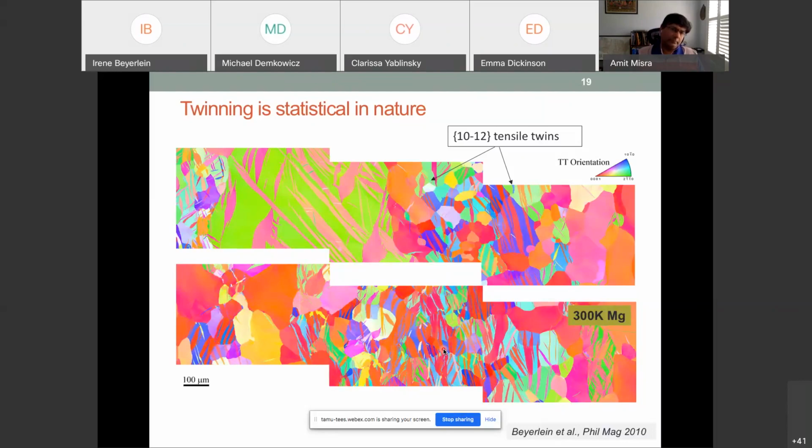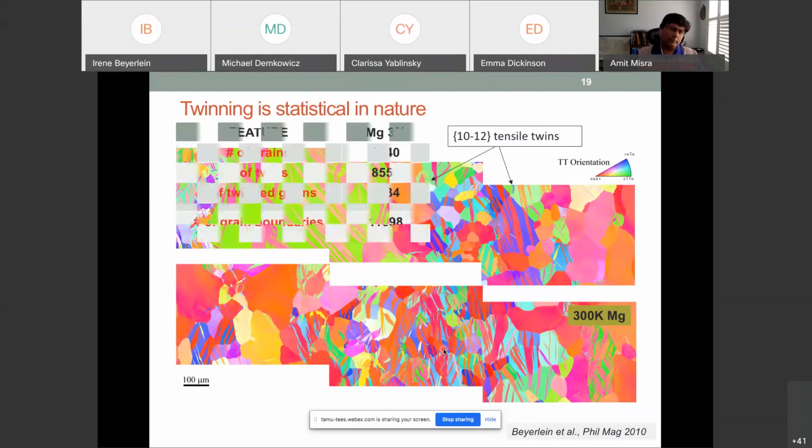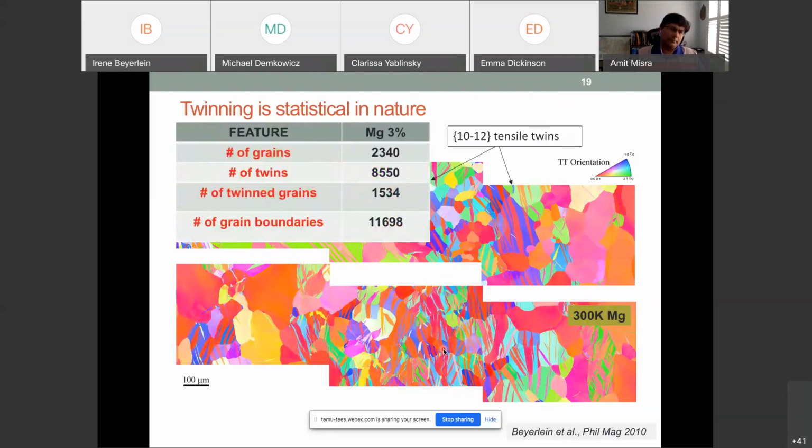So just one last point about deformation twins at the mesoscale is that not only are the configurations variable, but we also find, and have long known, that twinning is highly statistical in its occurrence. What I mean by that is that it's hardly a deterministic problem when dealing with when twins occur, what type of twins manifest, and where they occur.